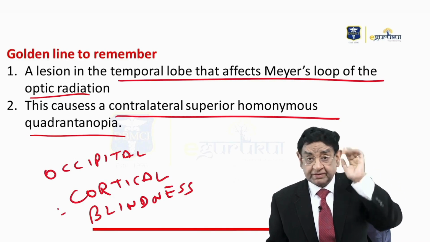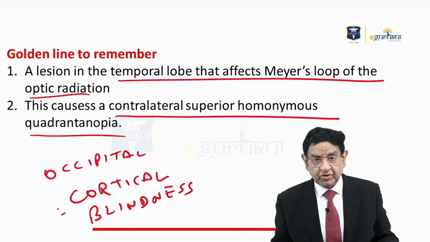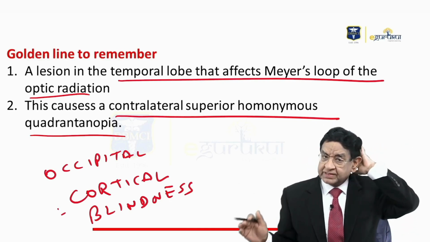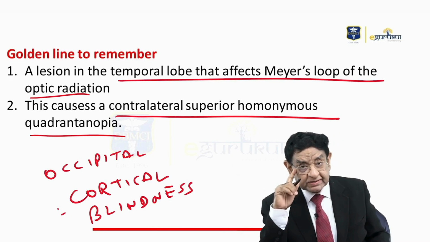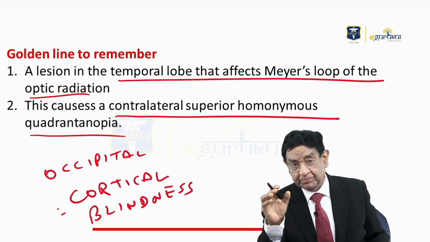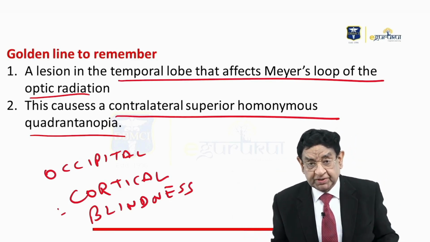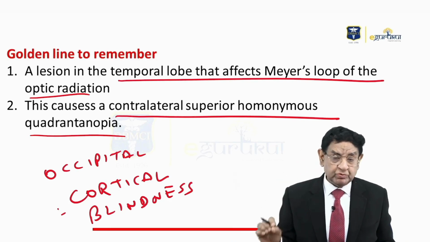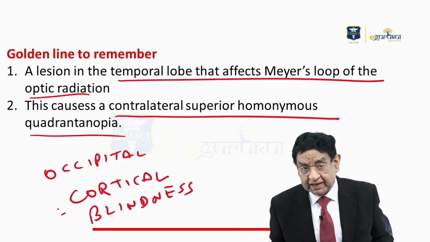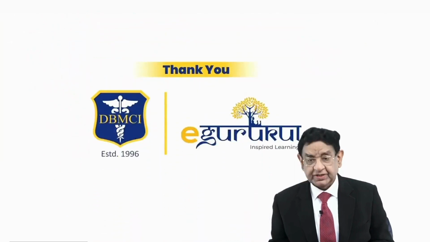It is the place where your vision, what you are watching me and I am watching you, is all seen via eyes, via optic nerve, and the message goes to the occipital lobe. This is the so-called eye center, the occipital lobe. And any patient who has a lesion in the occipital lobe will have cortical blindness. Thank you very much.